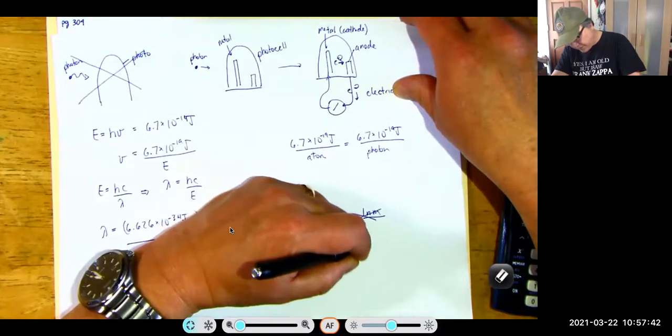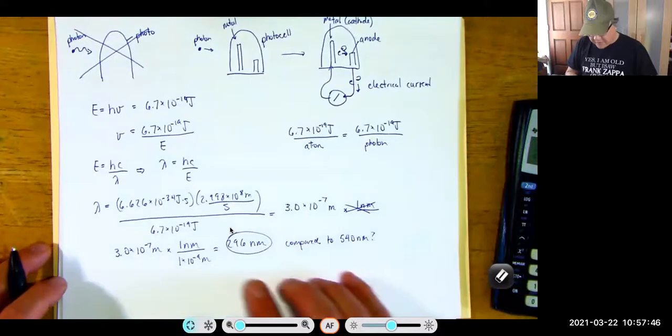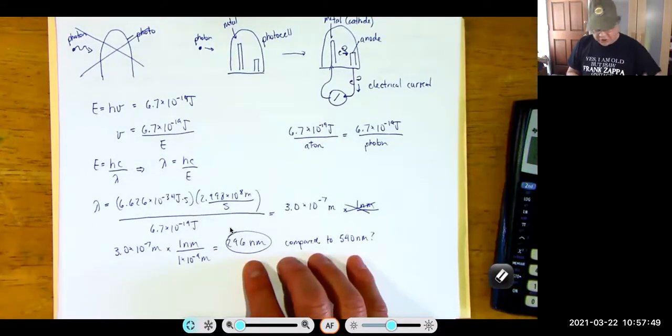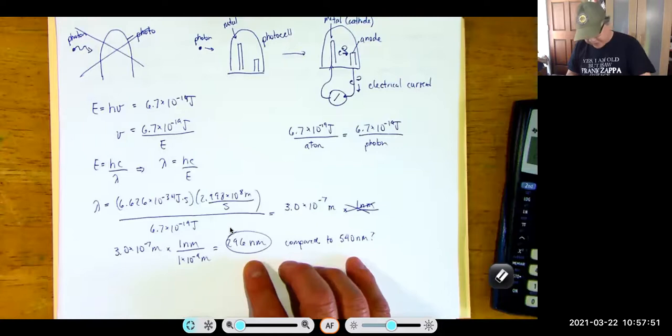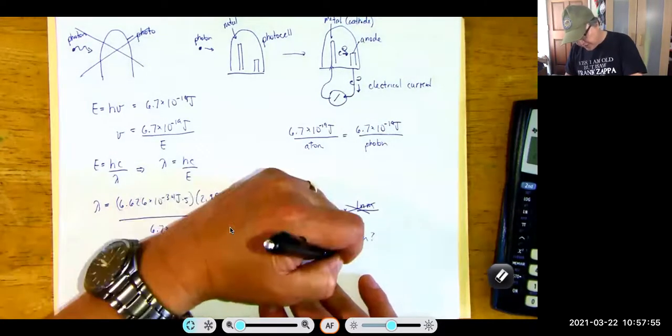Okay, so here, remember, wavelength tells you the opposite about energy. Shorter wavelength, higher energy. So this is higher energy, and this is lower energy.